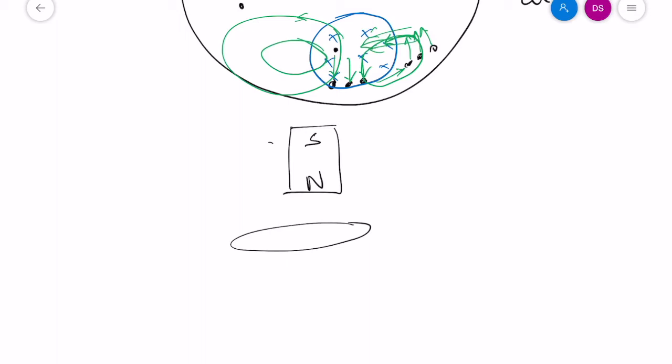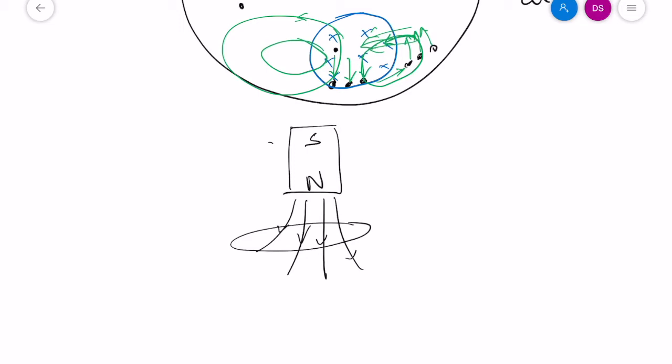So the loop will see that there is a magnetic field which is getting stronger, so the flux over the loop will keep increasing. The loop will want to fight that increasing flux, and so it will create a magnetic field. So the loop sees that a magnetic field pointed into the loop is getting stronger as the magnet approaches, right?